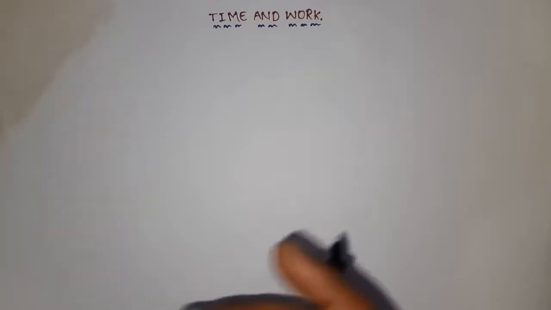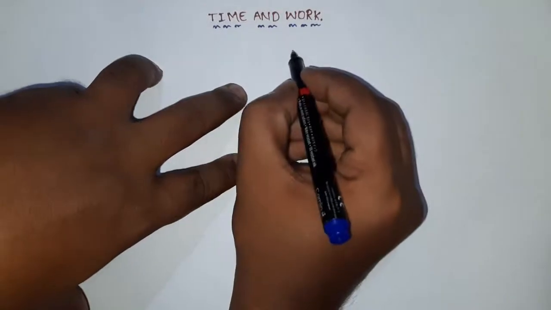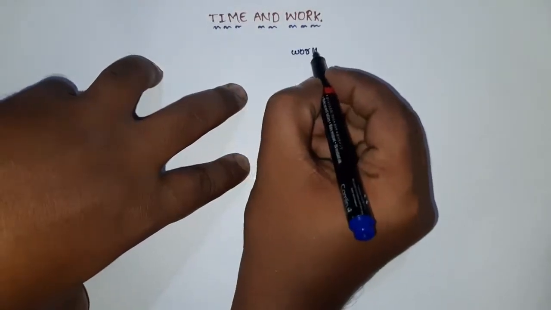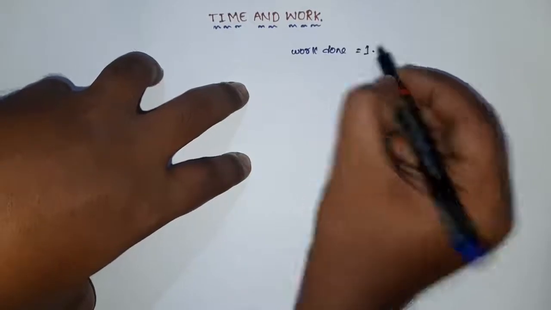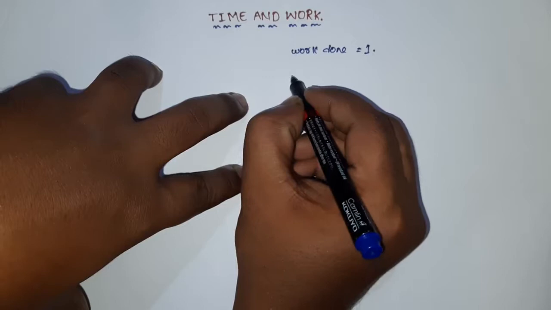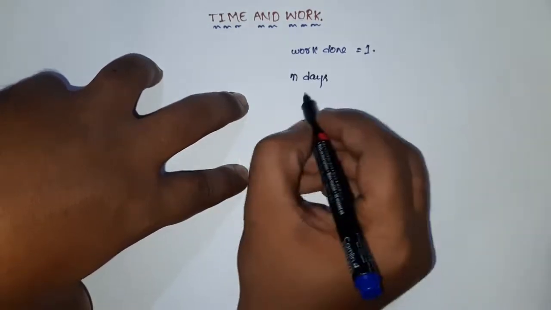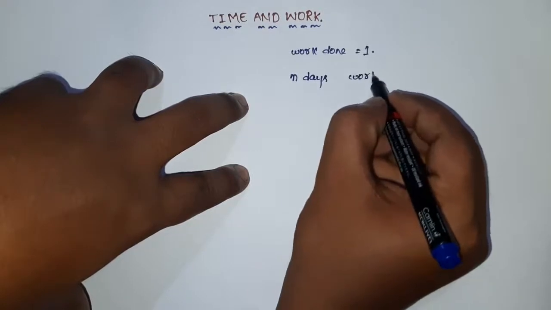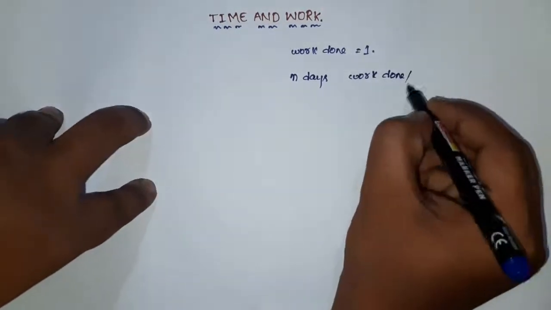As we discussed earlier, work done is always 1. This is our assumption. Work done is always 1. If a person can finish work in n days, the work done per day is 1 by n.